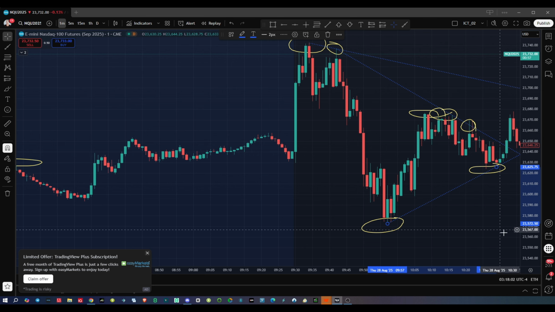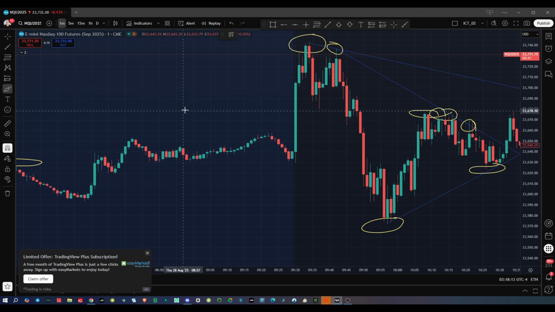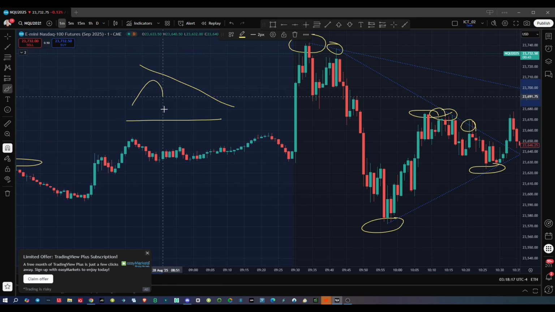All right, now we have this situation where the market has made a triangle and it broke through that triangle. Let me show you guys what I see. It made like this. Market traded in here, broke through, went back, a bit of a back retest, and then just went higher.